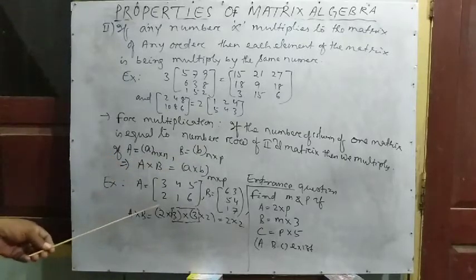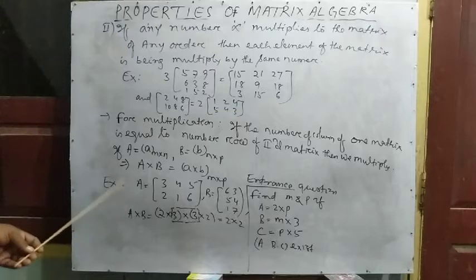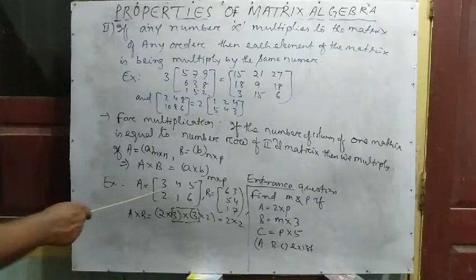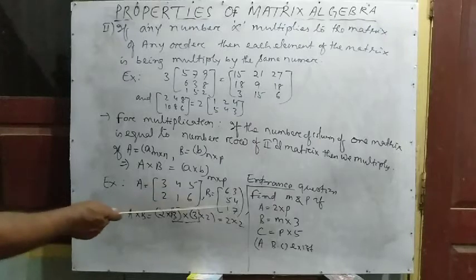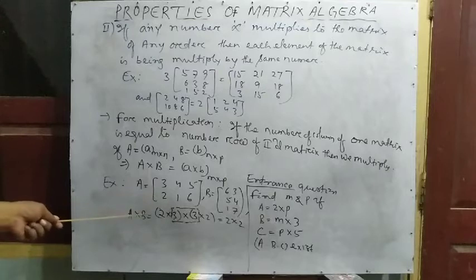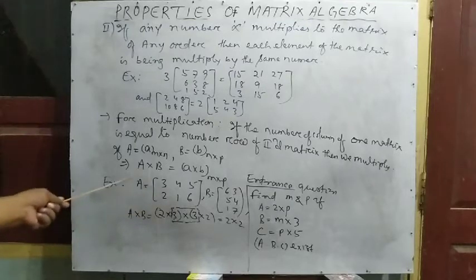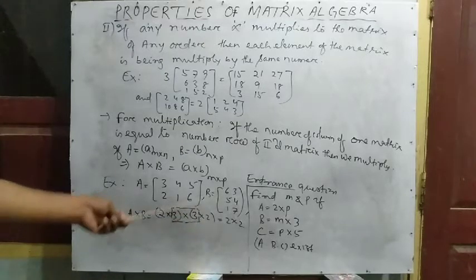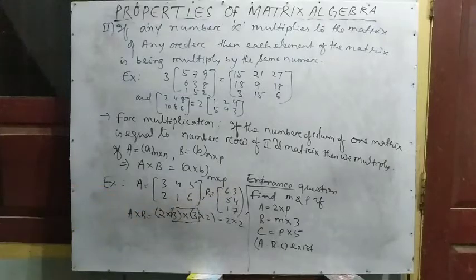Suppose here is one example. This one is the A matrix and this is the B matrix. What is the order of A? The order of A is 2 by 3, 2 rows and 3 columns. What is the order of B? That is a 3 by 2 matrix, meaning 3 rows and 2 columns. Is the multiplication possible or not?